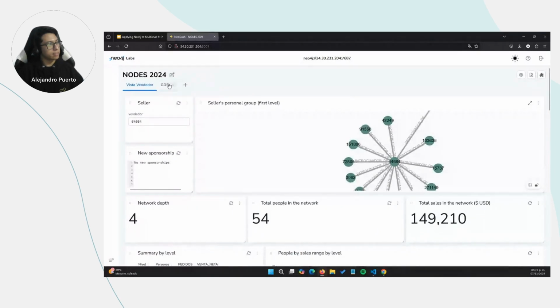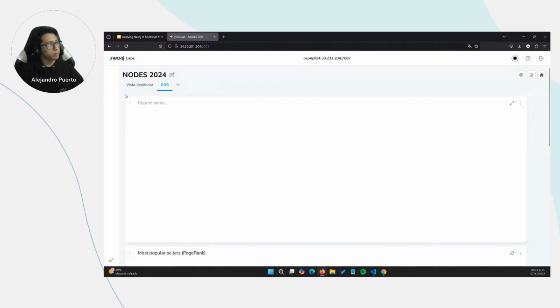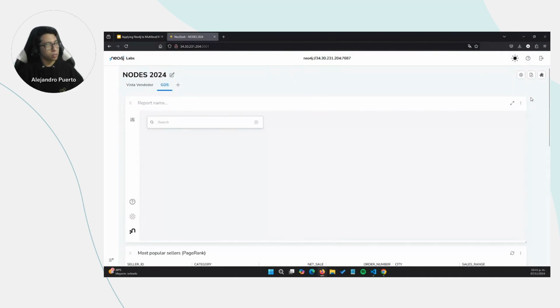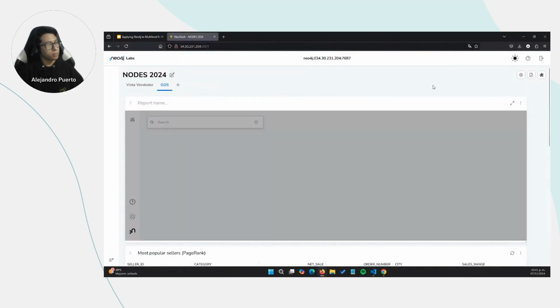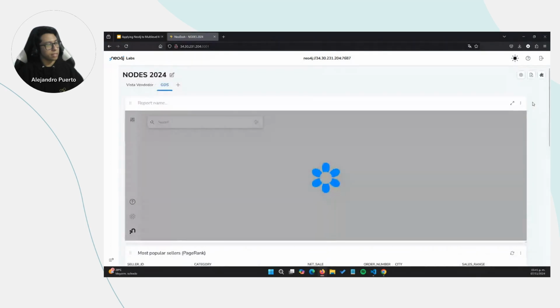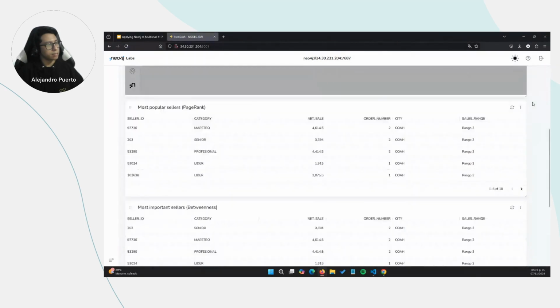Another characteristic that NeoDash has is the ability to have multiple views in the same dashboard. And we can use Neo4j Bloom to make the process easier for the data analyst.